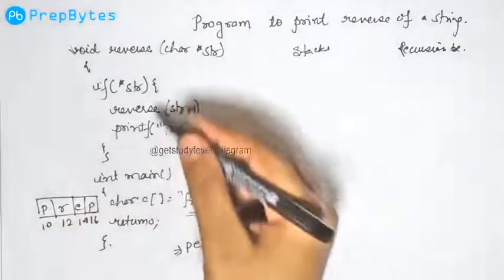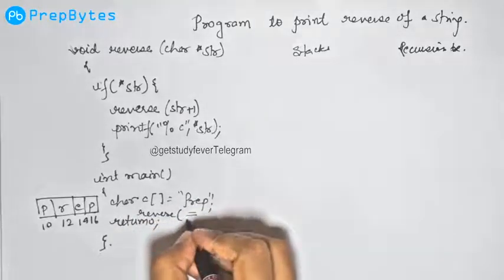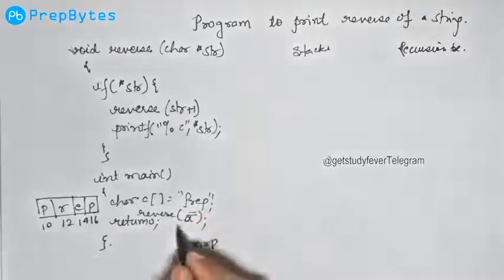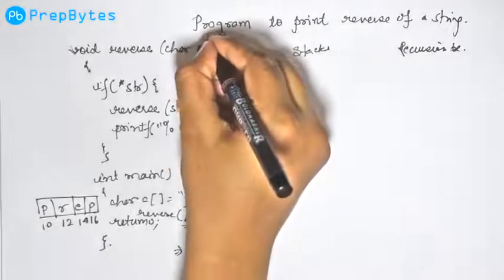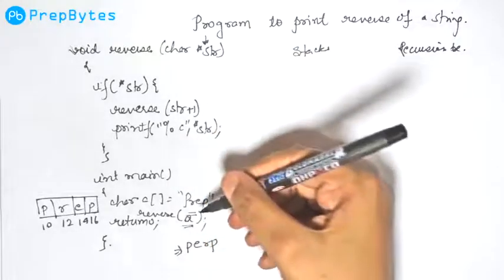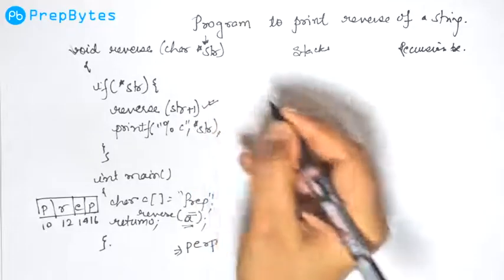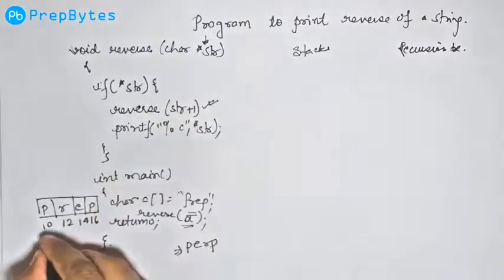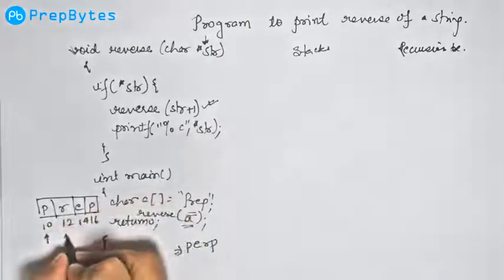So when we call this reverse here and we pass this string A or character array A, then this str receives the address of the first element of this array A. Now when we do str plus 1, initially the address is 10. Now when we do str plus 1, the address becomes 12 and the recursive call goes like that.